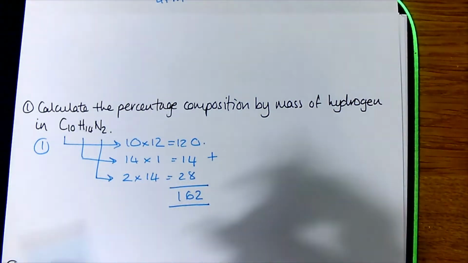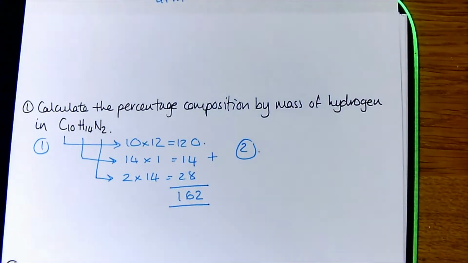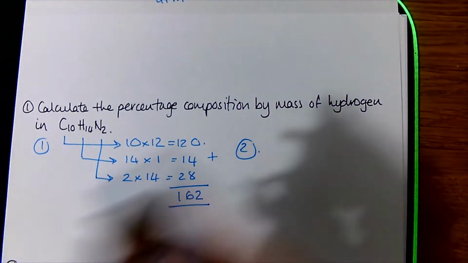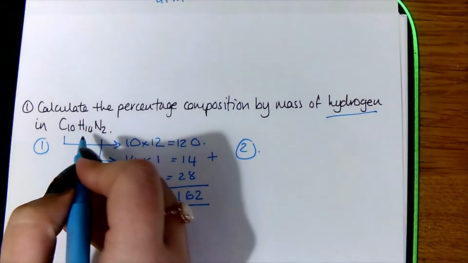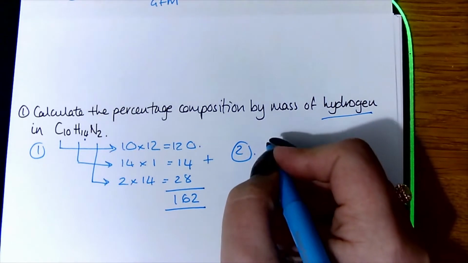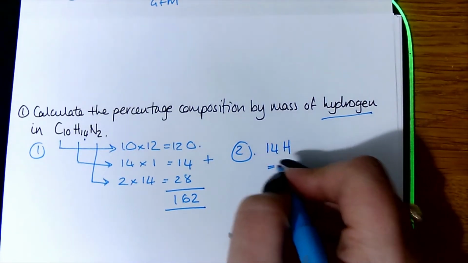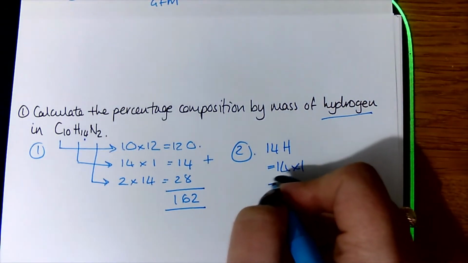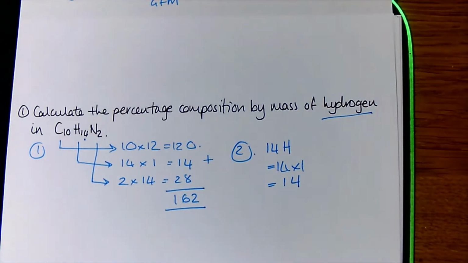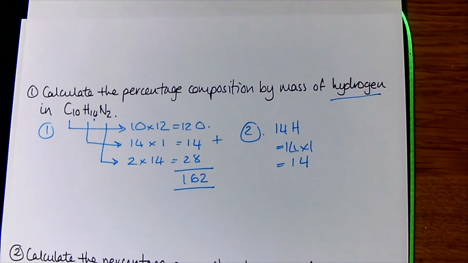That's part 1. Part 2 is to work out the mass of the element in question. Here we're asked about hydrogen, and we can see from the question that we have 14 hydrogens. So the mass of the element in question is just 14 grams.